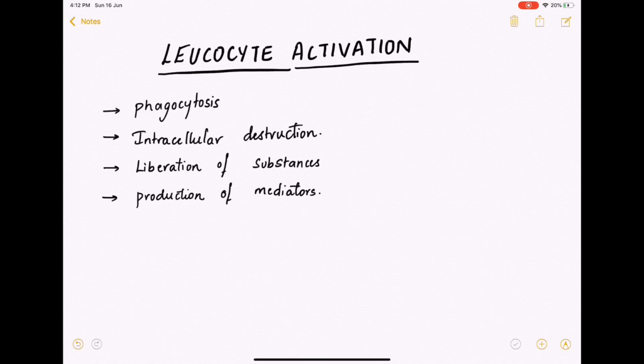Then there will be liberation of a few substances which will help in extracellular killing of the microbes and the dead tissues. And in this, we have a new concept called neutrophil extracellular trap, which we will talk about in detail. And then there is production of mediators, which will help in getting more neutrophils and leukocytes to the site of inflammation. We'll have a little discussion about each of them.